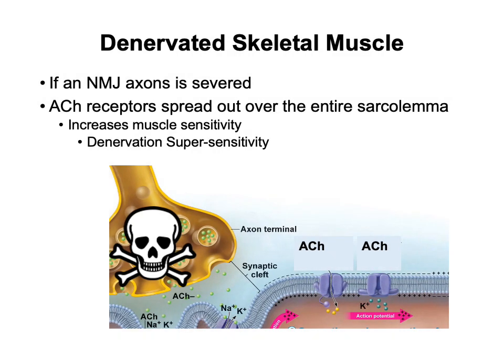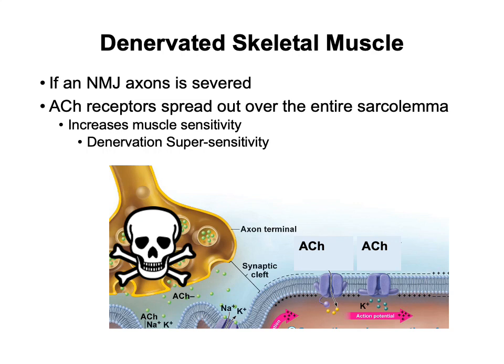If a neuromuscular junction axon is severed as a result of an acute trauma, acetylcholine receptors, cholinergic ionotropic receptors, nicotinic receptors, whatever you want to call them, they have so many AKAs, will spread out over the entire sarcolemma.